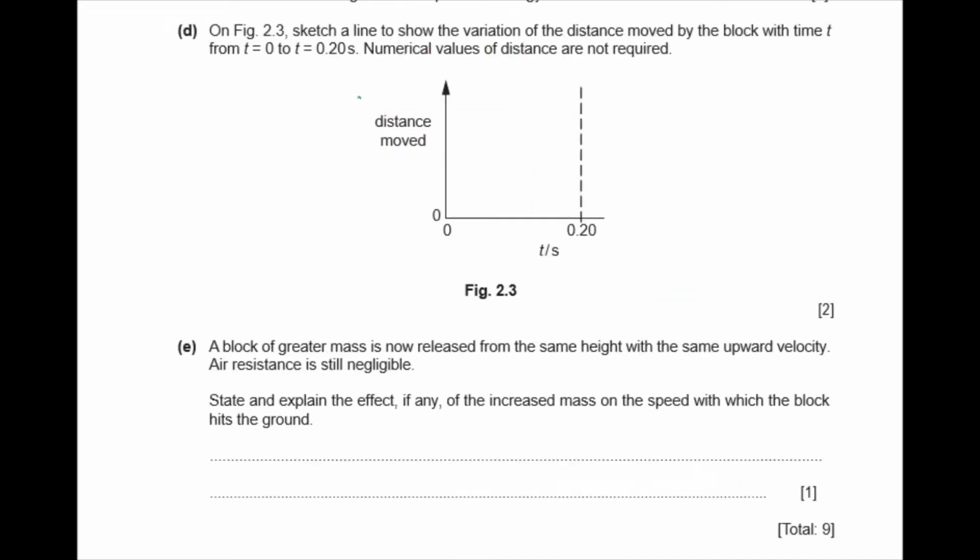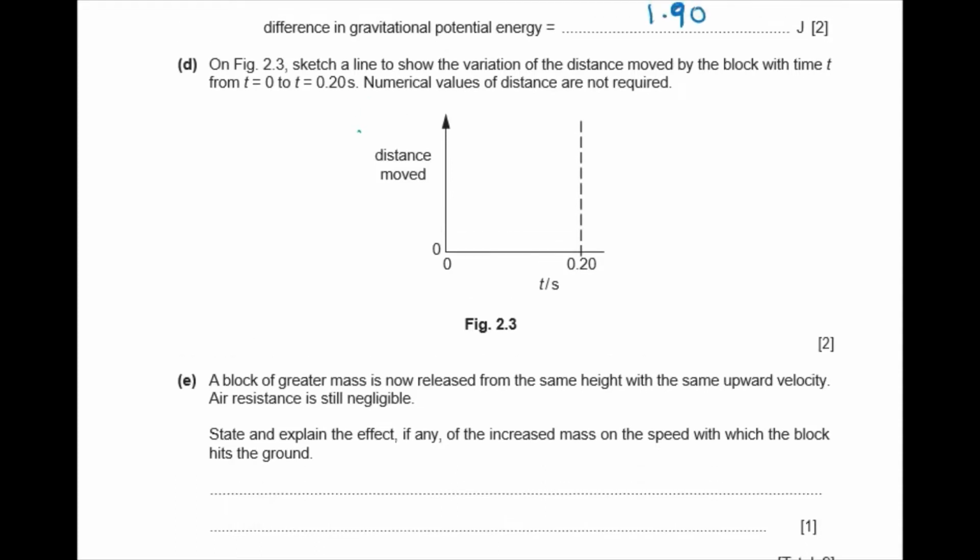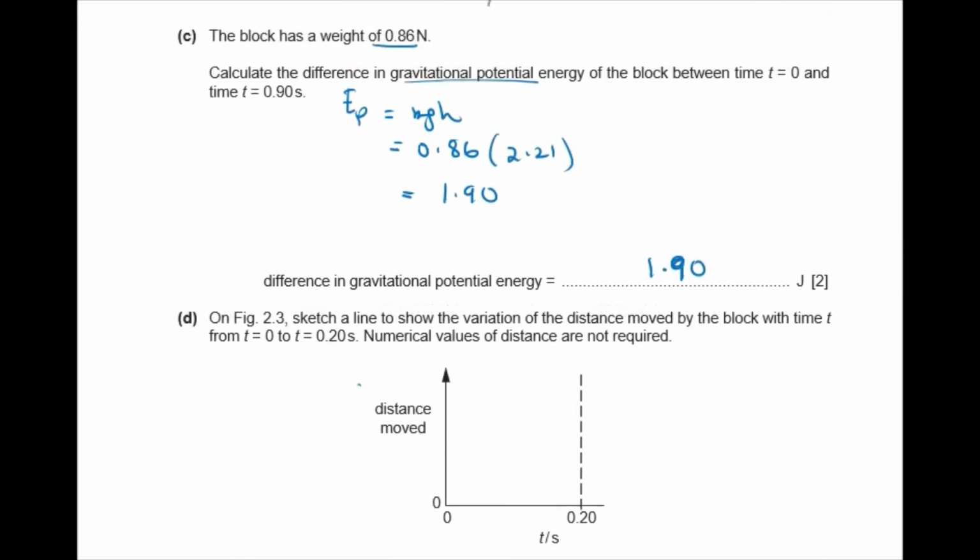D. On figure 2.3, sketch a line to show the variation of the distance moved by the block with time from t equal to 0 to t equal to 0.2 seconds. Numerical values of the distance are not required. Okay, figure 2.3 is a distance time graph but the time taken is until 0.2.